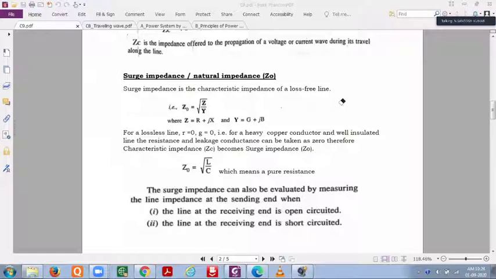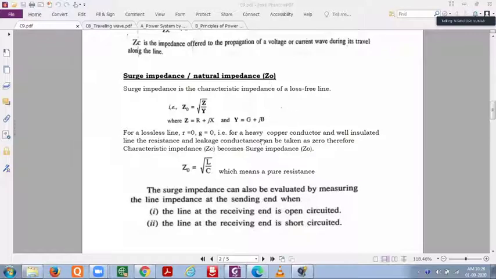Using the two-port network, we write the equations for sending voltage and sending current in terms of receiving voltage and receiving current. Later we open circuit the receiving end one time and find the factors, and then short circuit the receiving end and find the remaining terms. So the same thing we are doing.